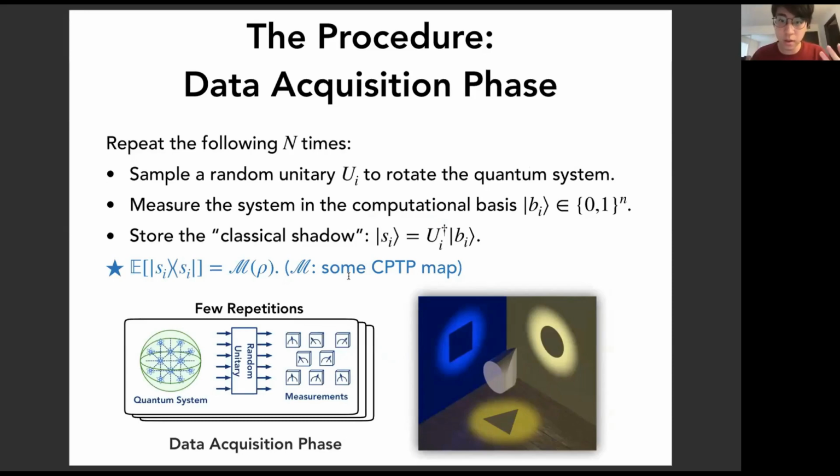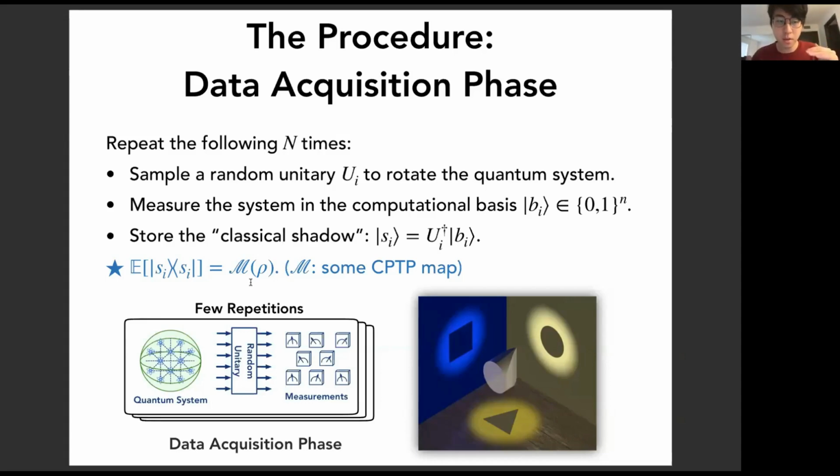More generally, for any distribution over the random unitary, you can always write the expectation value of this classical shadow S_i as equal to some CPTP map M applied onto the original quantum state rho. You can prove this for any distribution over random unitary.